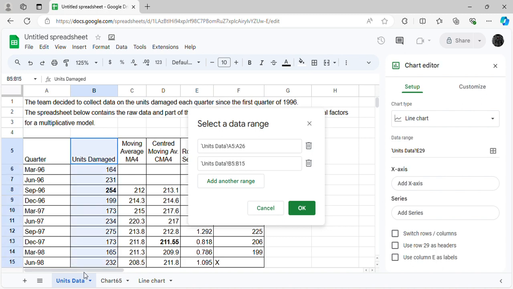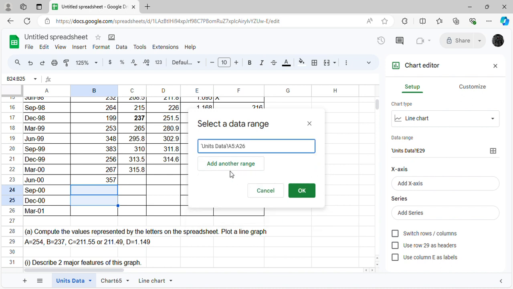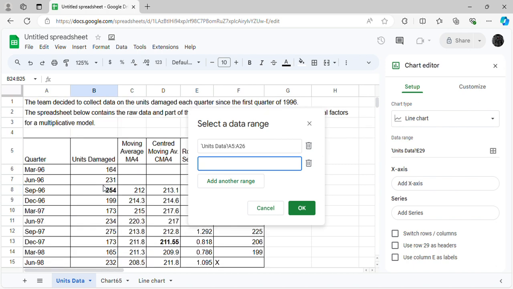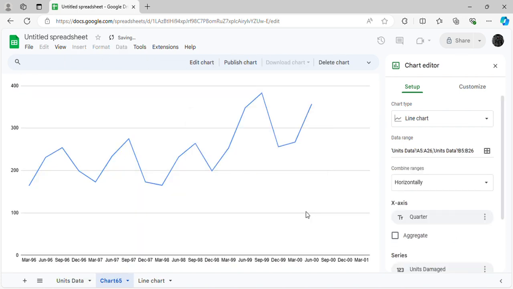That's for units damaged. Let's do the selection again. Just click on OK. Okay, so we have a line chart now.